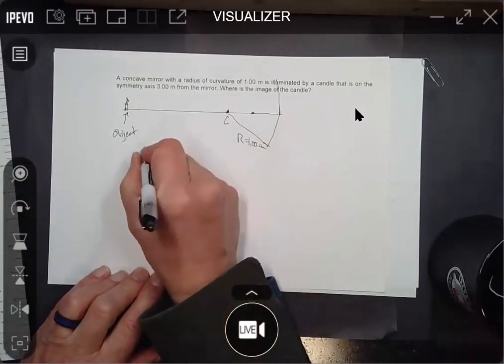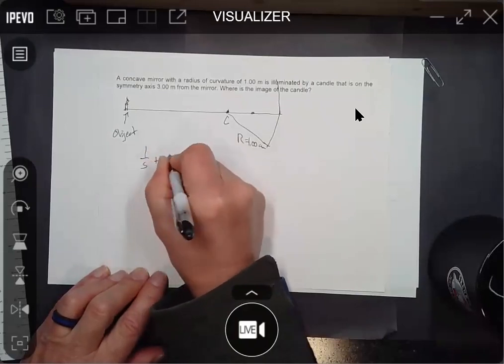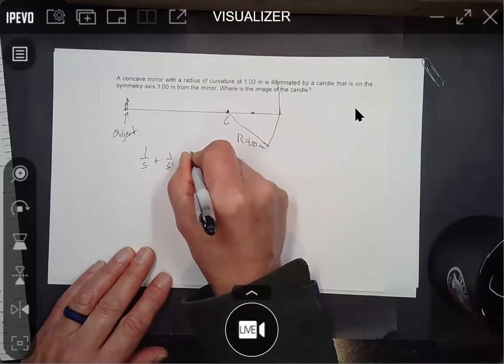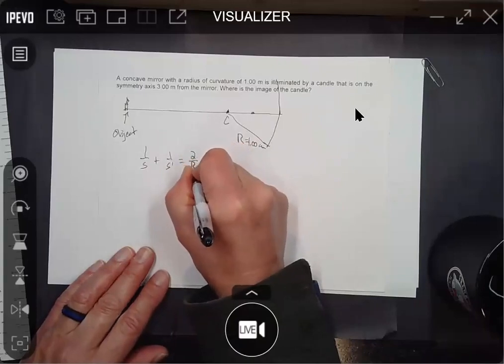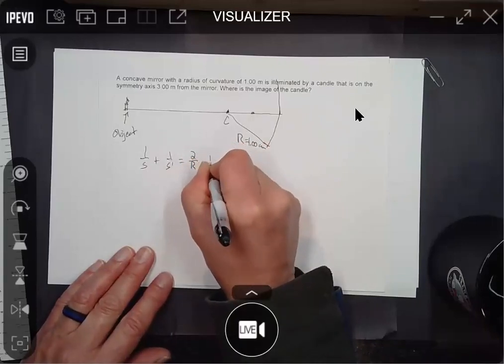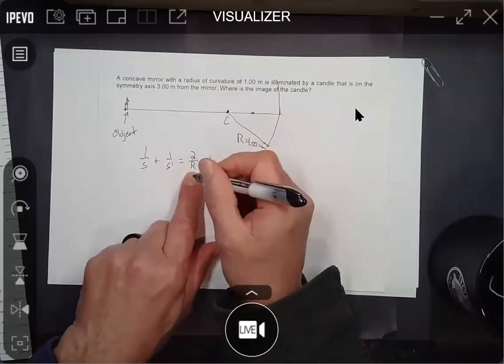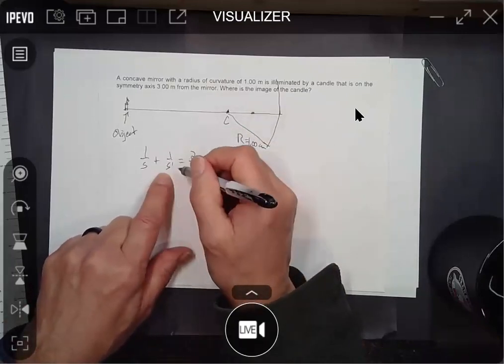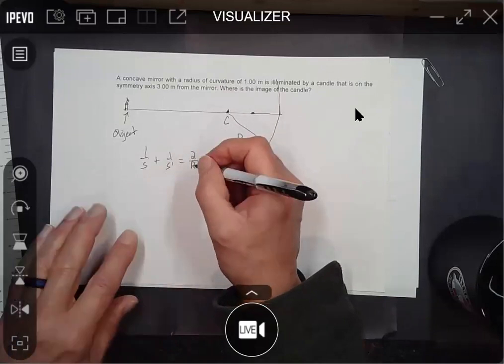Well, we've got that 1 over s plus 1 over s prime equals 2 over the radius of curvature, which is 1 over f. So let's just use the radius of curvature this time. And we want to know where s prime happens to be.